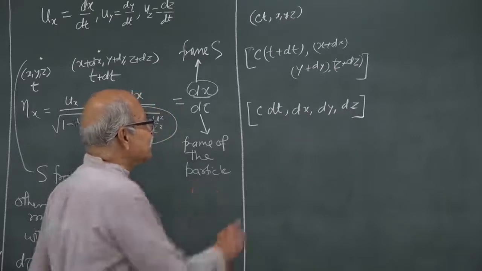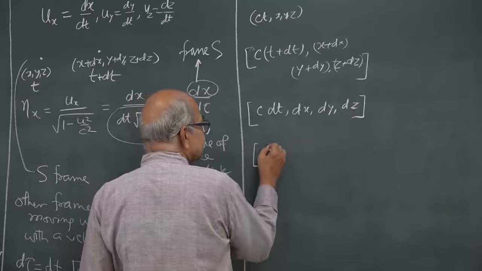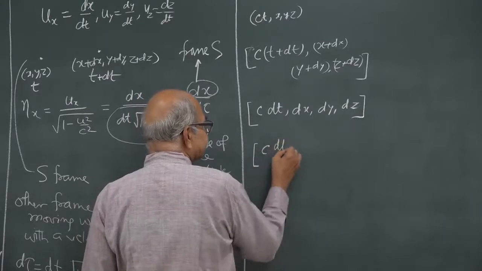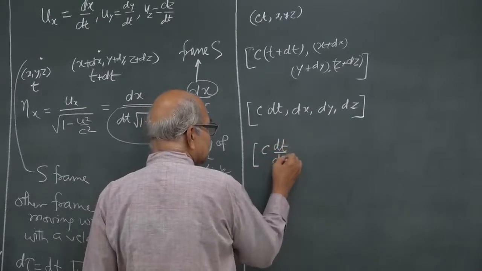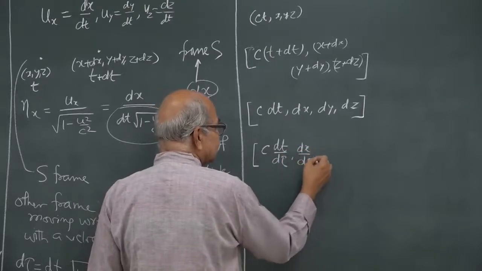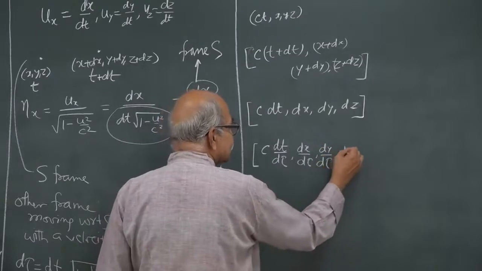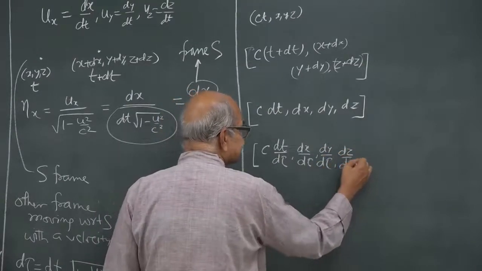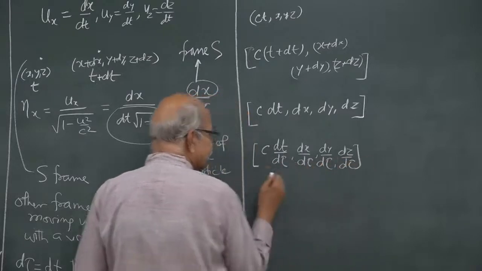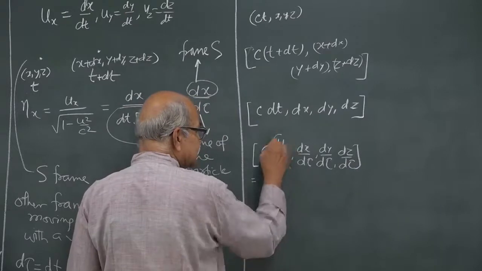So, if I multiply everything by 1 by d tau, what I get is c dt over d tau, this is one component, then dx over d tau, dy over d tau, and dz over d tau. This is a 4 vector, and this quantity is c times dt by d tau.